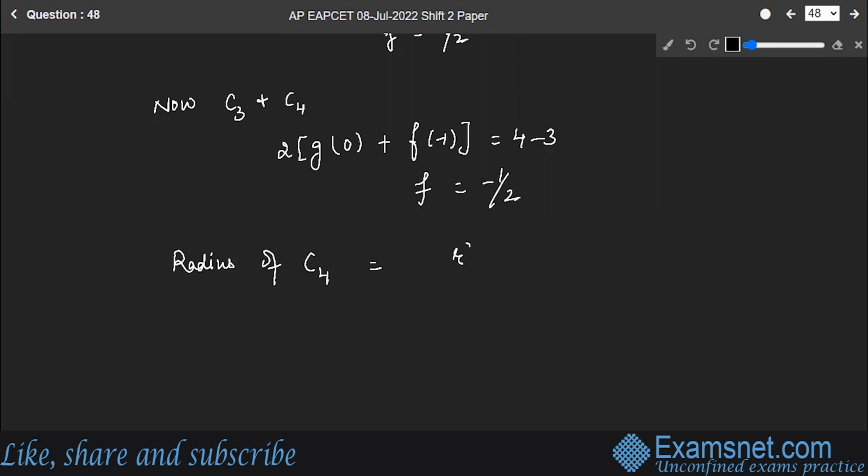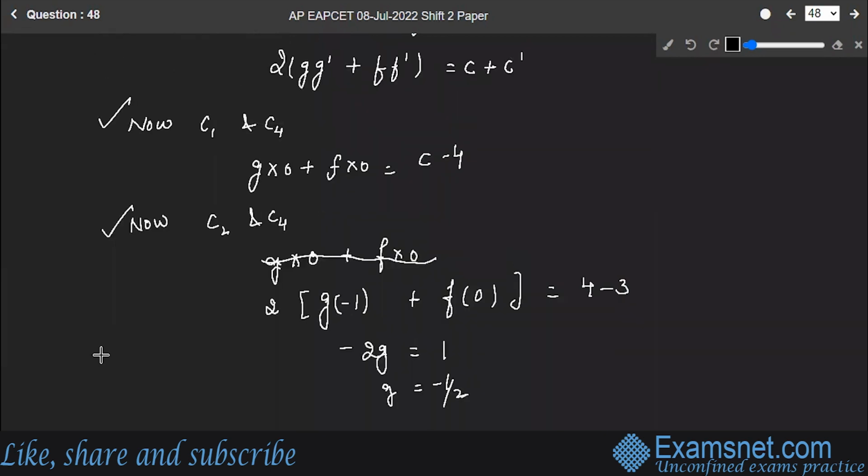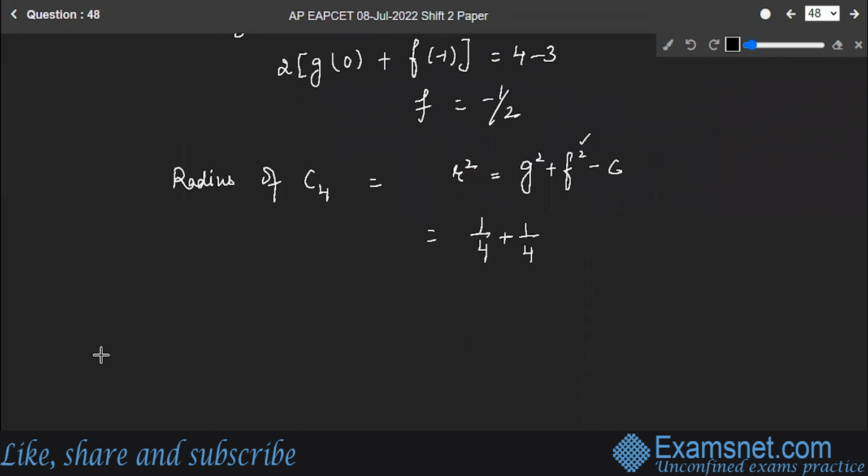That is given as r square is equal to g square plus f square minus c. The value of g we just calculated was minus 1 by 2; minus 1 by 2 square is equal to 1 by 4. Similarly, minus 1 by 2 square is equal to 1 by 4 for f square. And c was equal to 4, we just calculated over here. So minus 4, this on the whole is equal to minus 7 by 2.